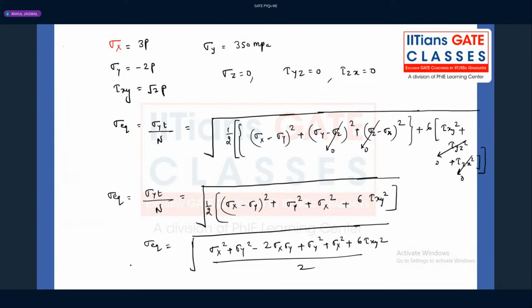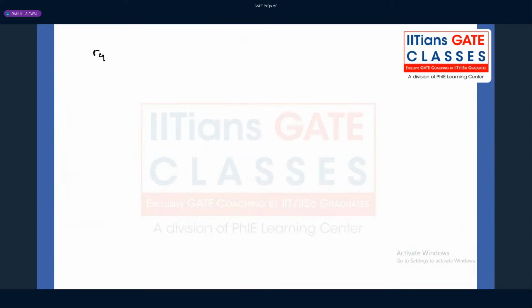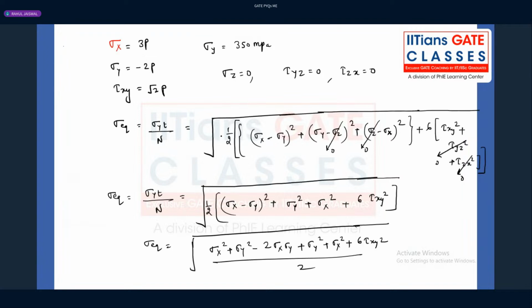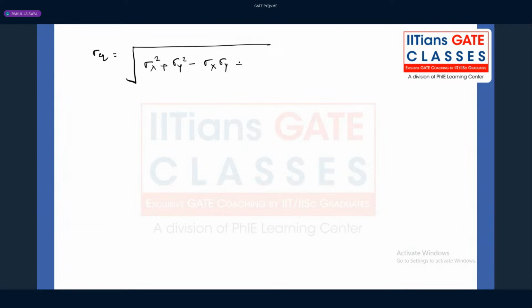So if you just solve it, what you're going to get: sigma equivalent equals sigma x square plus sigma y square minus sigma x sigma y plus 3 tau xy square. For 2D loading case, you can remember this particular formula, this equivalent von Mises stress.